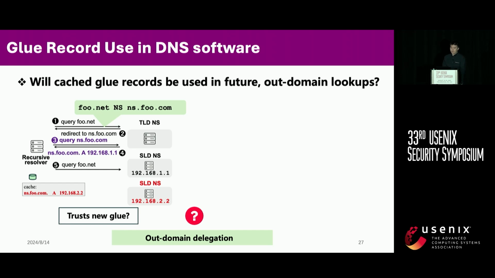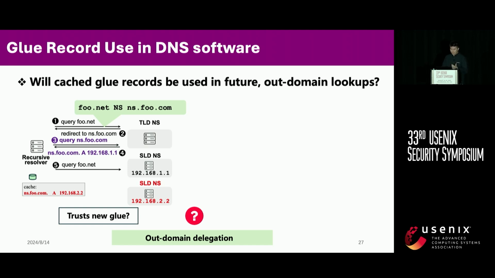To begin with, suppose there is a cached glue record for an authoritative server like ns.foo.com in the cache. This could be obtained during previous lookups or injected deliberately, as we will show later. Now, say we have foo.net whose authoritative server is this ns.foo.com, a typical out-domain delegation.